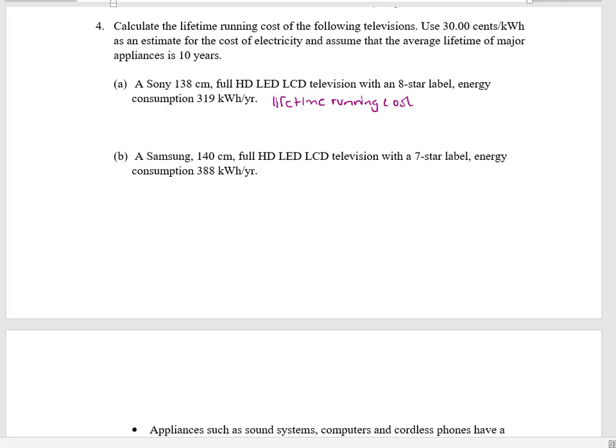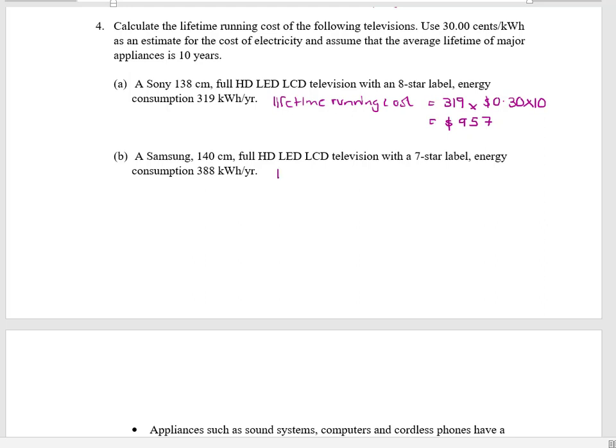what I'm going to do is, the energy consumption is 319 and it costs me 30 cents, so that's 0.30, and 10 years. And so you can see that over 10 years, my television is going to cost me, apart from what I bought it for, an extra $957.